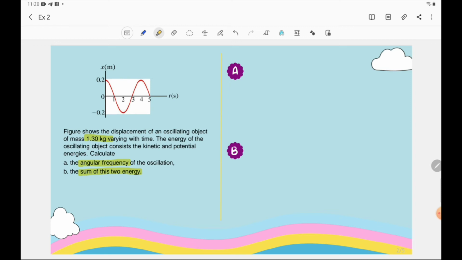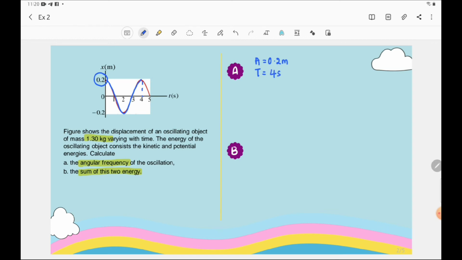Now we have a graph of x against t, displacement time graph. And from this graph, we can find out the amplitude, A, is equal to 0.2 meter, and the period is equal to 4 seconds.